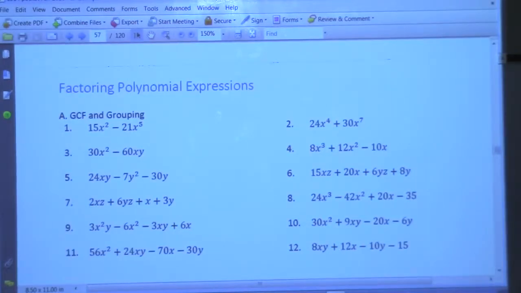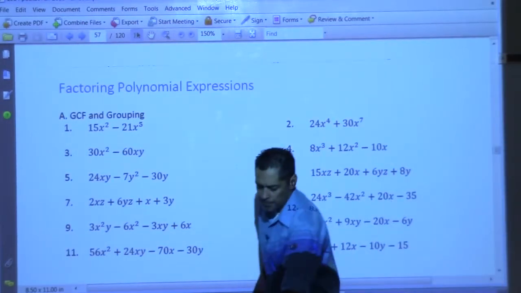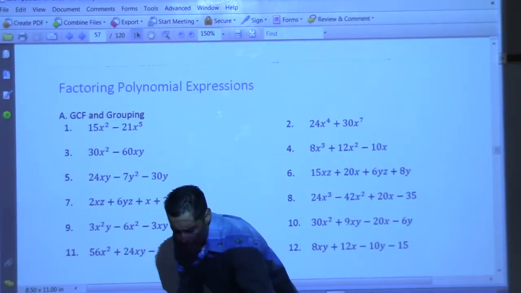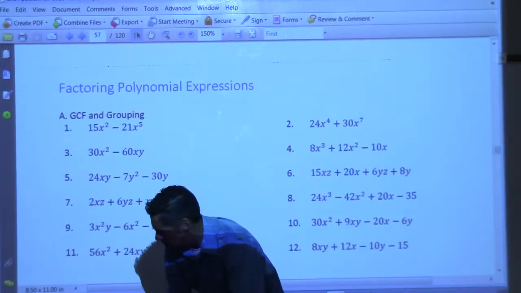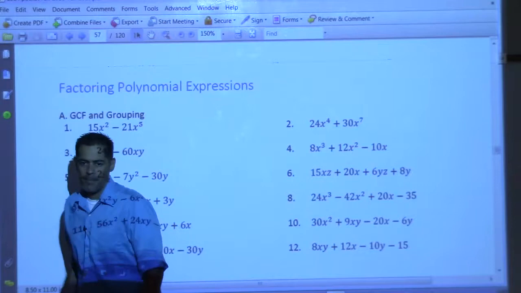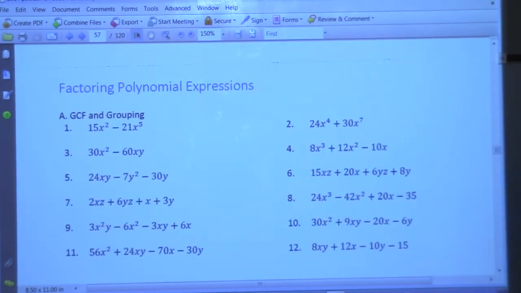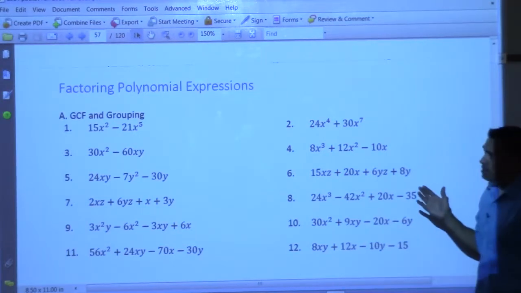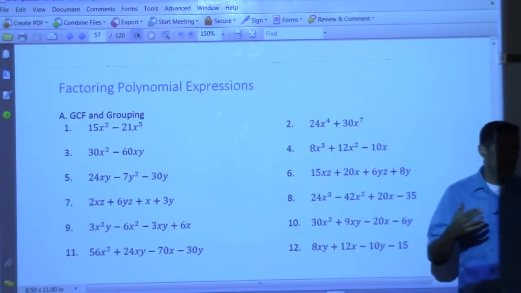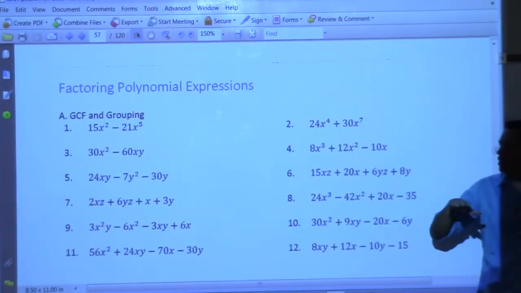All right, so today we are going to talk about factoring. Factoring is one of those things that haunts students because it's very difficult to teach factoring in like 1 or 2 days.